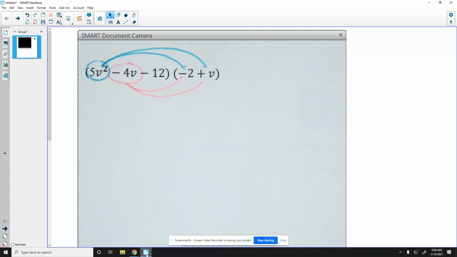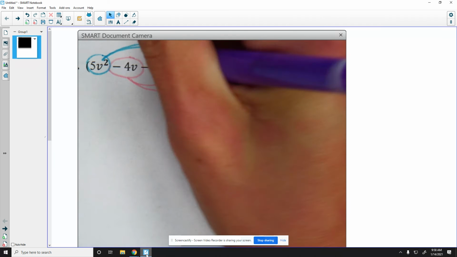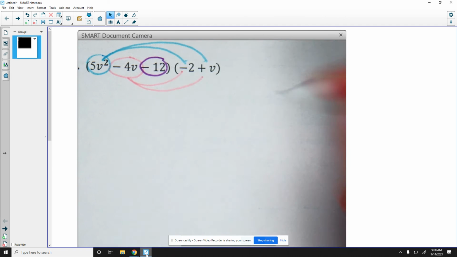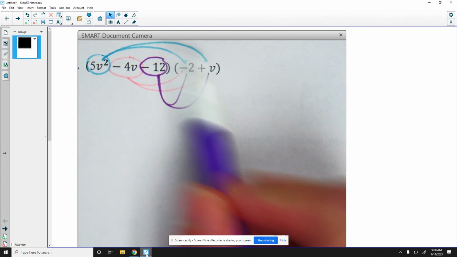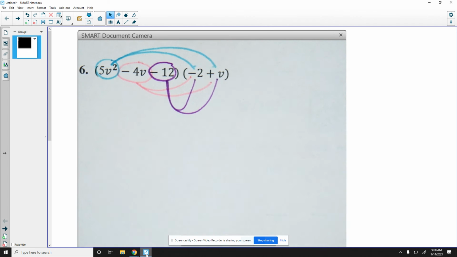And then I would take my third term. Let me choose a different color. Purple. I would take my third term and then I would multiply, multiply. So do you see how you're still distributing? You're doing the same exact thing. Some of you don't want to do it that way.